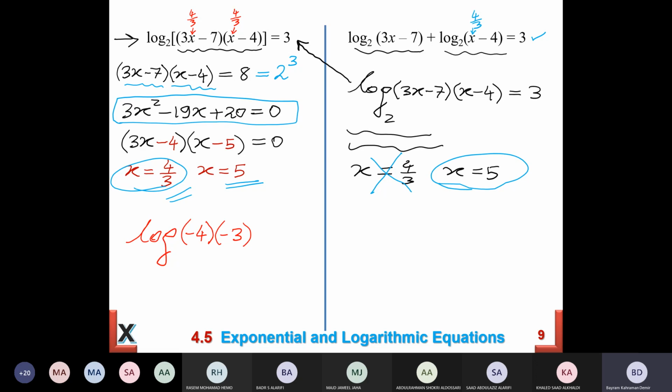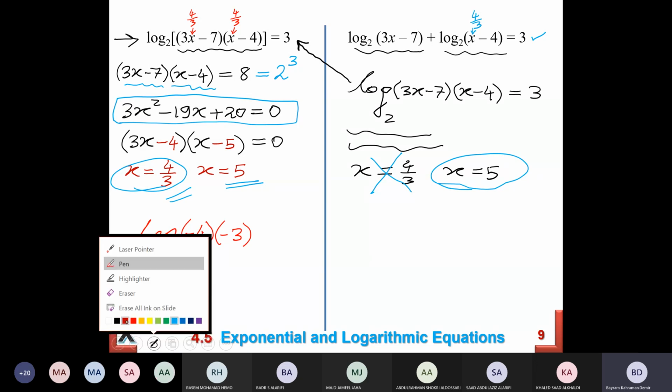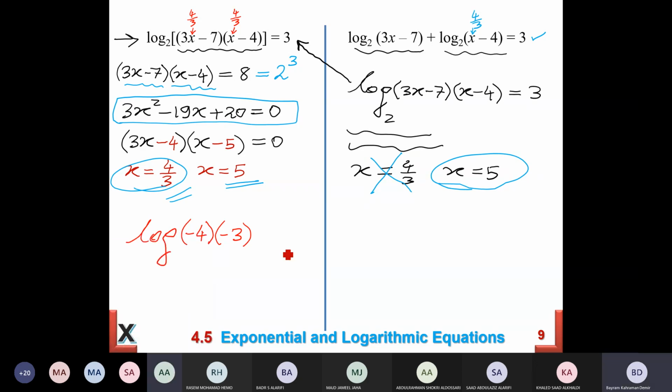Now, did you understand the difference between the two writings, Shabab? Both of them are negative, so they should negate each other, right? So, Shabab, we are remembering this property: logarithm of a plus logarithm of b is equal to logarithm of ab.